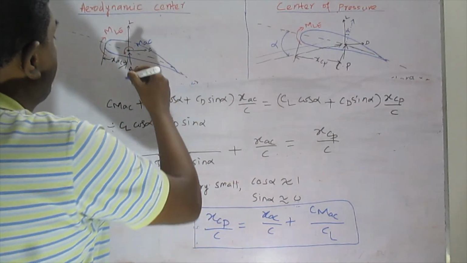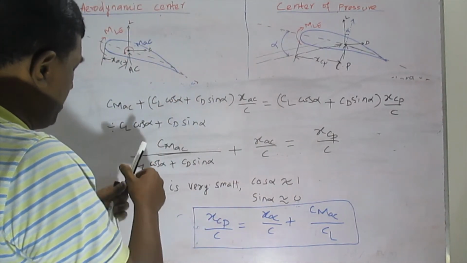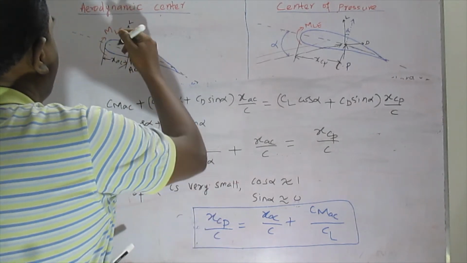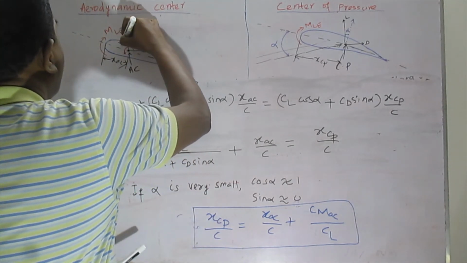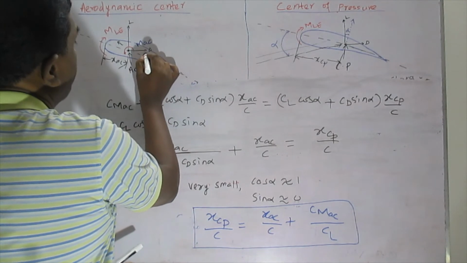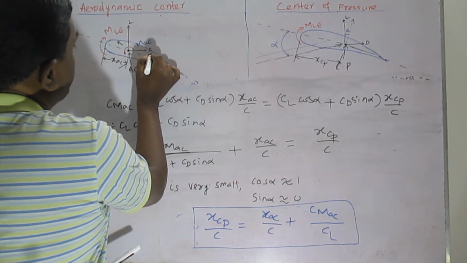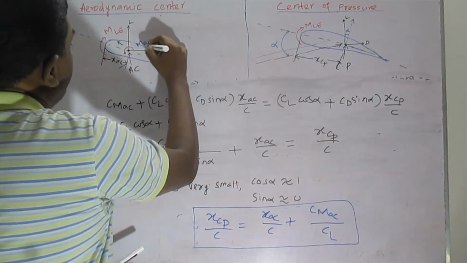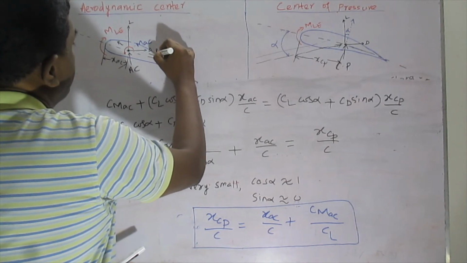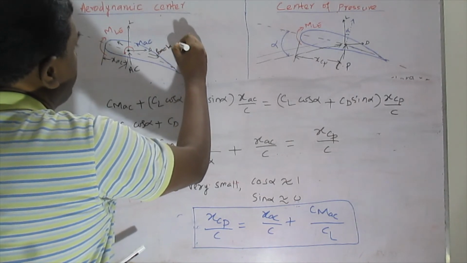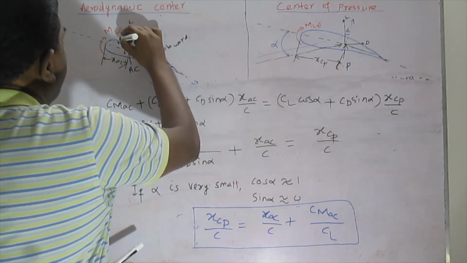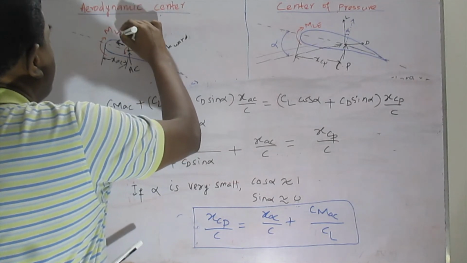Let us say this side is forward and this side is backward. So if the center of pressure moves this side, it is backward, and if this side, it is forward.